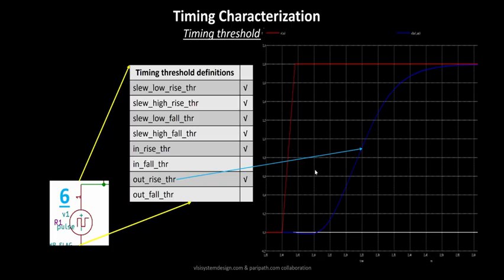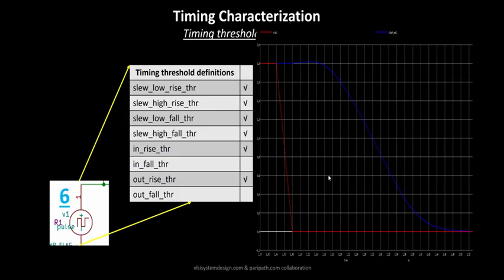So that was about the in rise, and similarly you will have something for the fall as well. If you give a fall waveform to your input, the buffer output will be a fall waveform, and the definitions remain the same, the wordings remain the same, only now they are applied to a fall waveform. So the in fall threshold will be something over here, which is 50%.